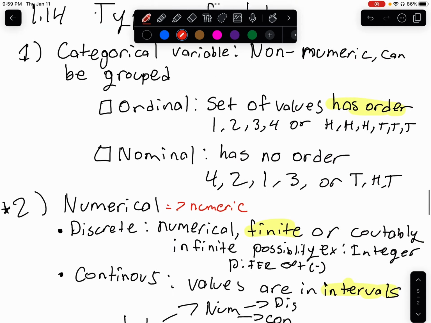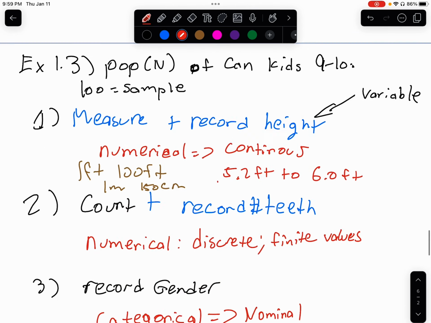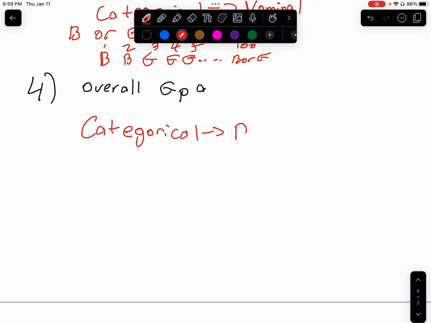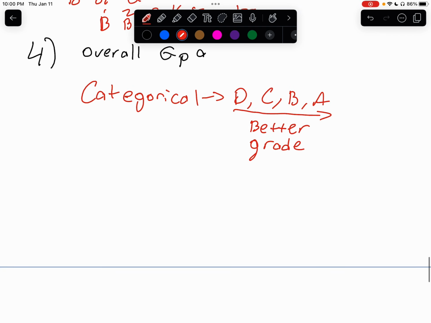And because it has a set of values and it has an order, right? Order could be from D, at least in Canada, C, B, and A, right? Excluding fail, just to make sure, because we don't want to fail. Because of this order, increasing equals a better grade, right?